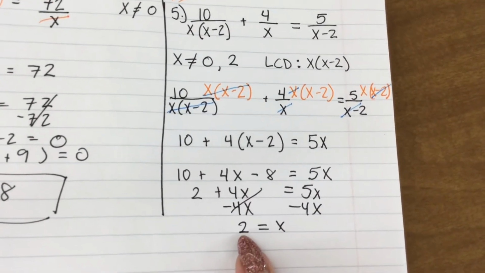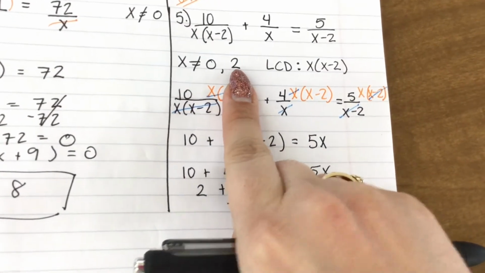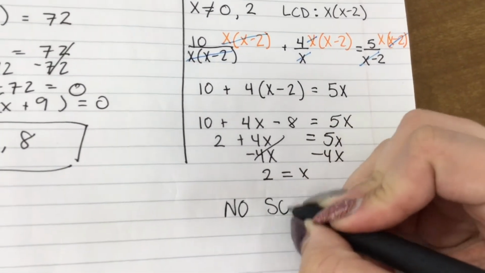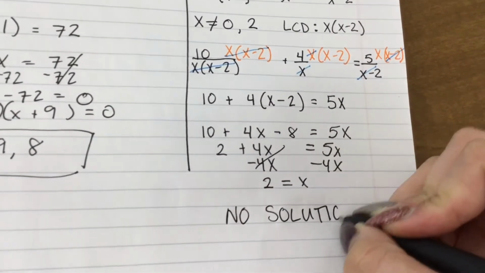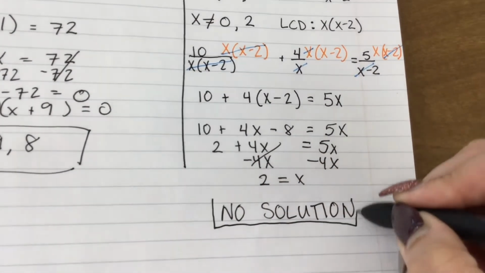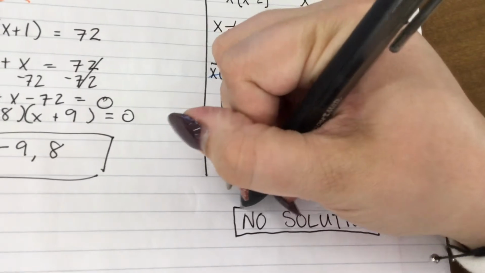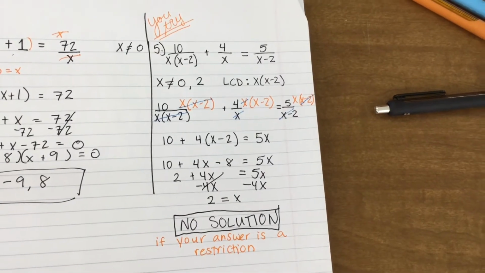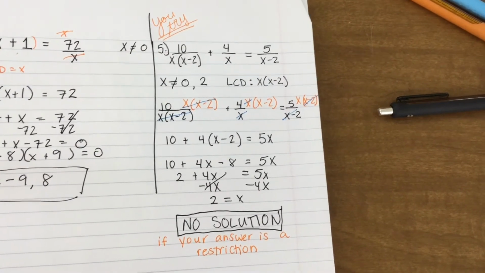You distribute the 4, you combine like terms, you use inverse operations, and you end up getting x equals 2. x equals 2 is one of my restrictions. So here, when you have an answer that matches your restriction, it cannot be a solution. Since I have no other options, my answer is no solution.